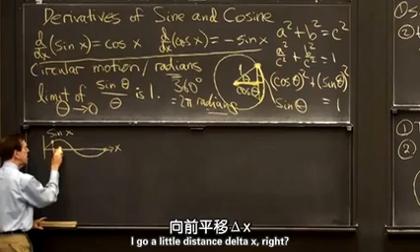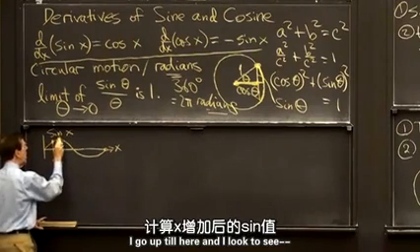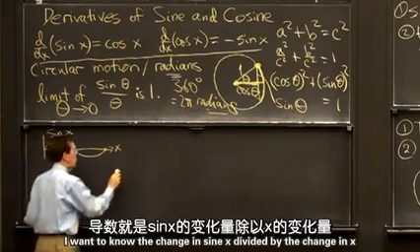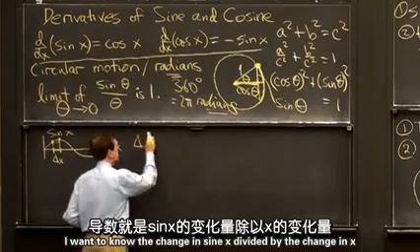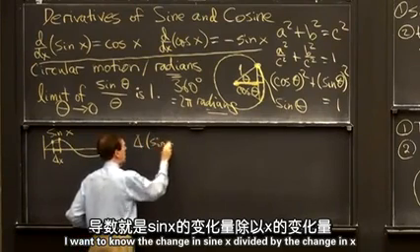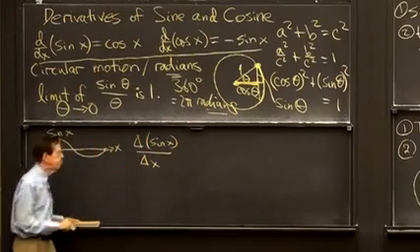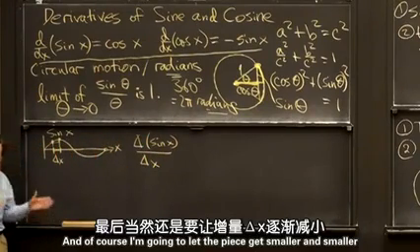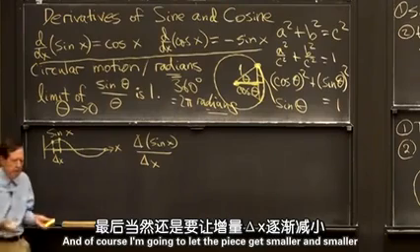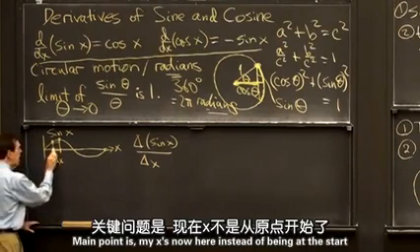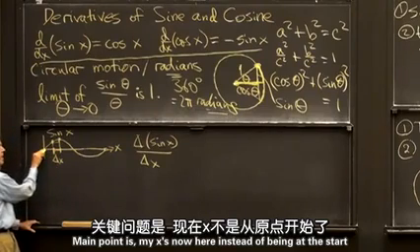I go a little distance, delta x, right? I go up to here, and I want to know the change in sine x divided by the change in x. And of course, I'm going to let the piece get smaller and smaller. That's what calculus does.